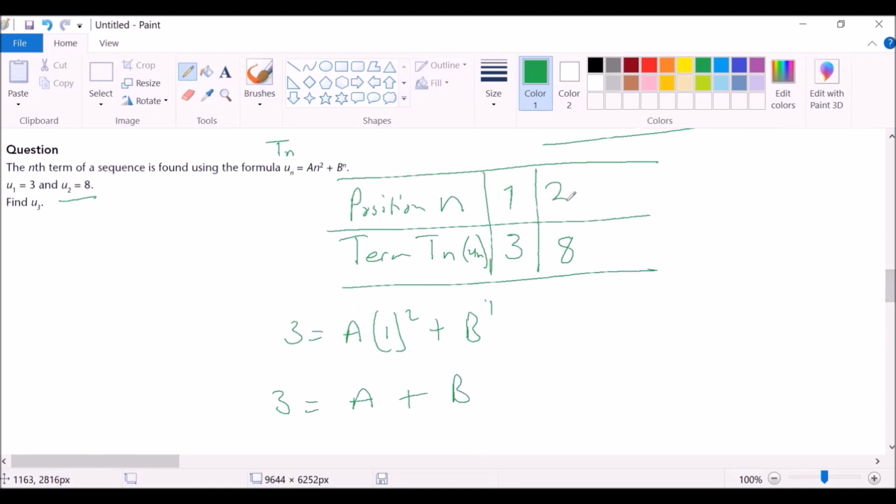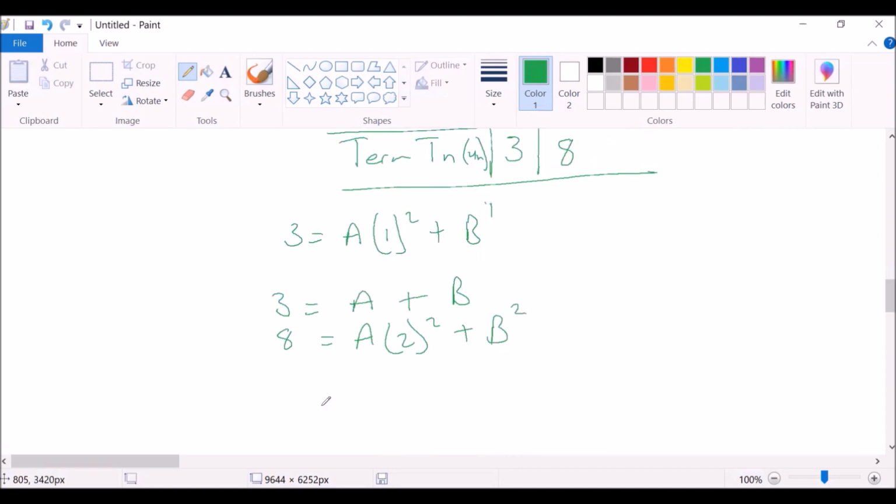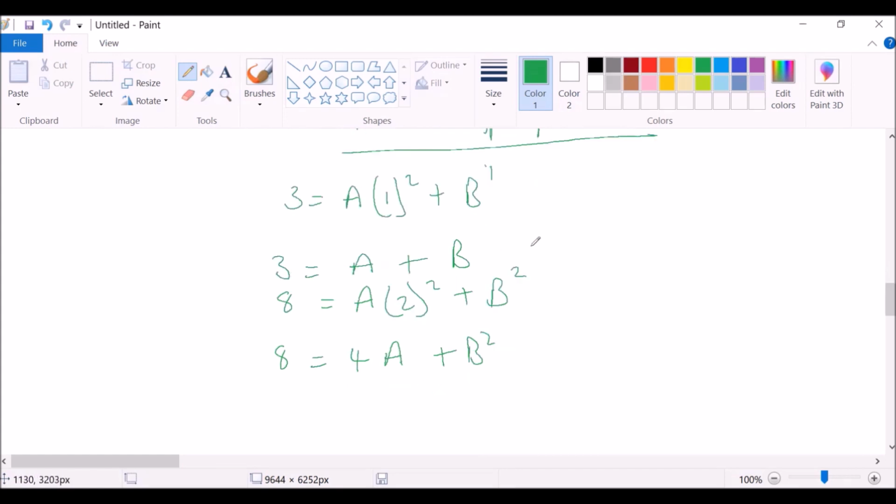For position 2, n is 2 and un is 8. So we can say 8 is equal to a times 2 squared plus b to the power 2. Simplifying this, we have 8 is equal to 4a plus b squared. For the first term, we have equation 1. For the second term, we have equation 2.